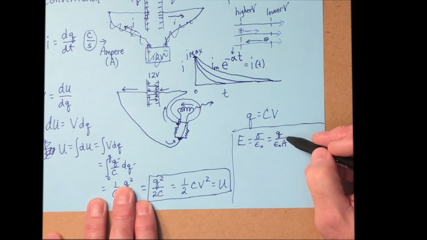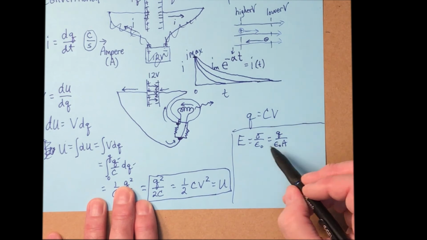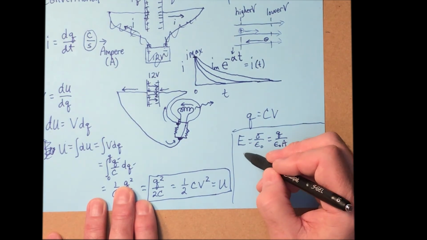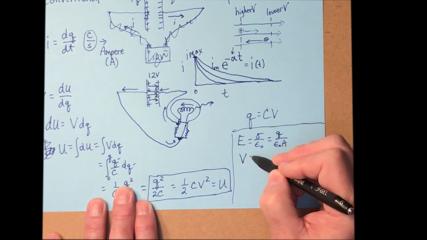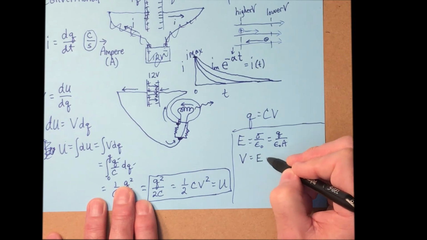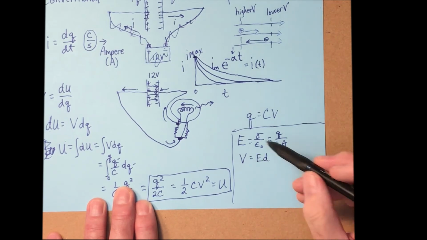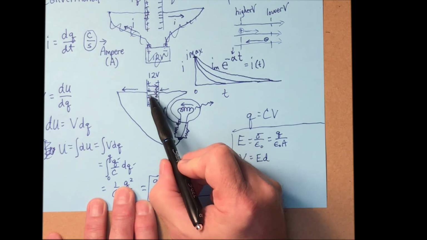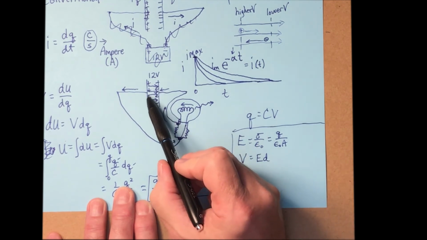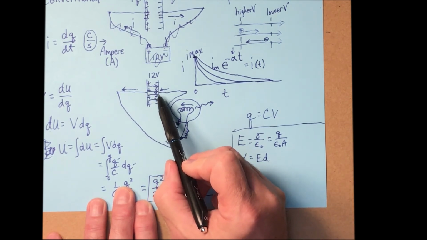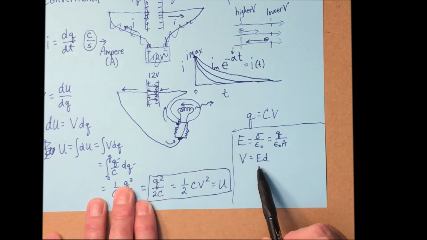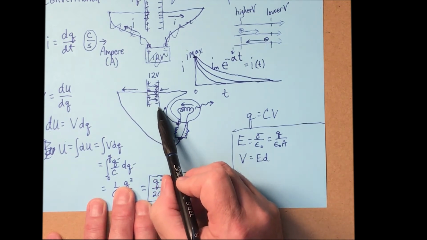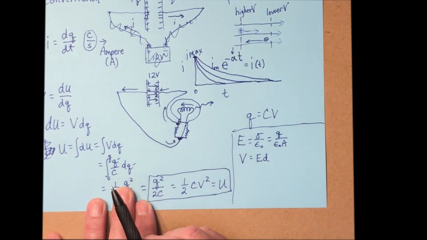Okay, well, that's the electric field. You also may recall that there's a relationship between the electric field and the potential, and we determined that V is equal to E times D. Because we have a uniform electric field in here, with distance D between the plates, E times D is what the potential difference is between those two plates.